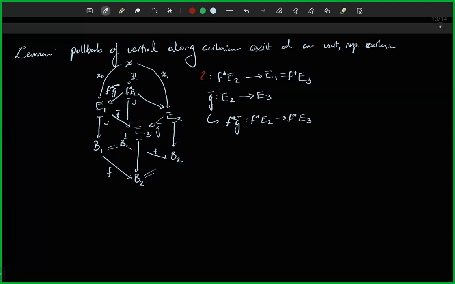Now note that in order to give a map into F upper star E2 from X, it'll suffice to give it, I'm not going to draw the bottom of X because it will make it too cluttered. It will suffice to give a map into E2 that makes that bottom commute if it were there. So we better be able to get that from the other one. And indeed, we do have it on the other one, because maybe I should draw the bottom.